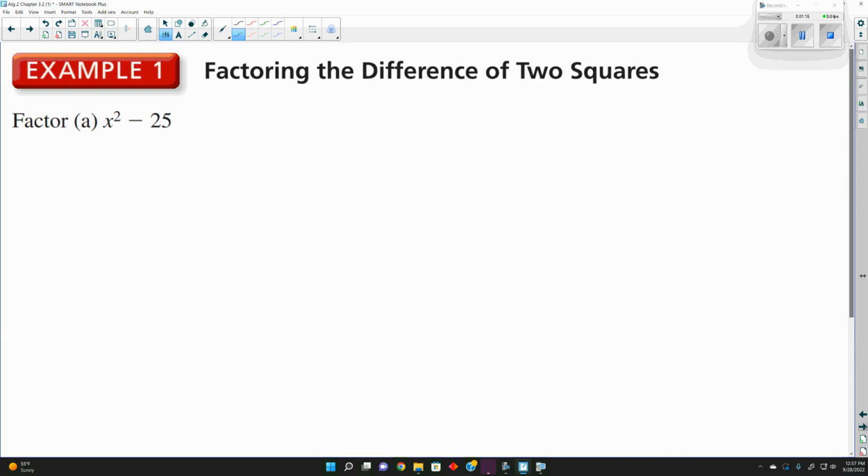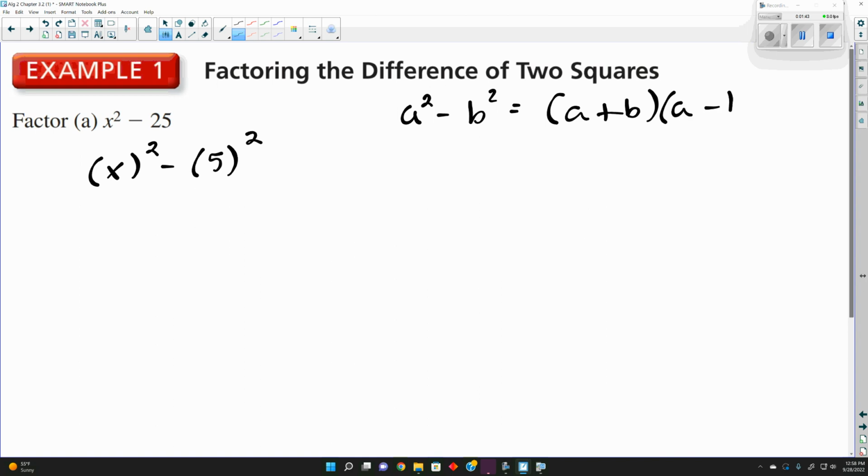Now, if we look at our first example, we have this here, x squared minus 25. Is x squared a perfect square? Well, yeah, it's x times x. What times itself is 25? 5. So what we could say is this is x squared minus 5 squared, kind of going in the form of a squared minus b squared, which is our a plus b times a minus b.